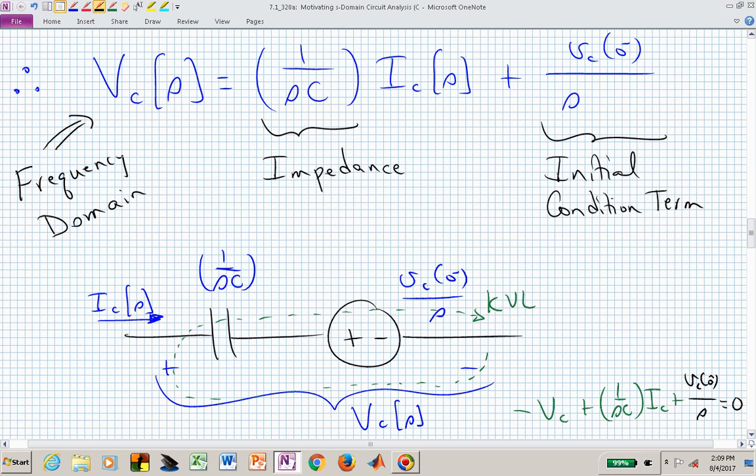So this is now the polarity labeling that we need to incorporate in our voltage source that accounts for initial conditions when we put this capacitor in the S domain equivalent circuit.